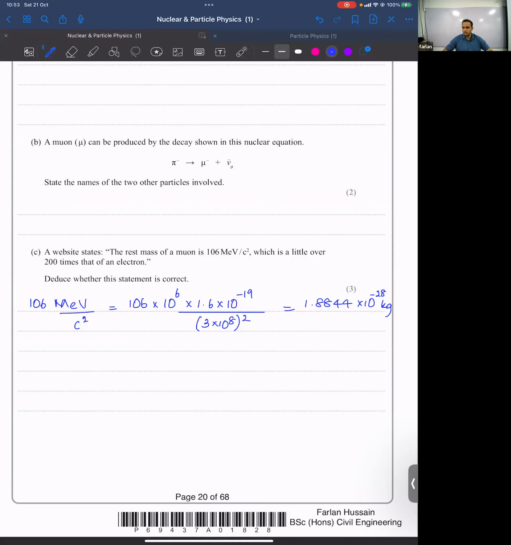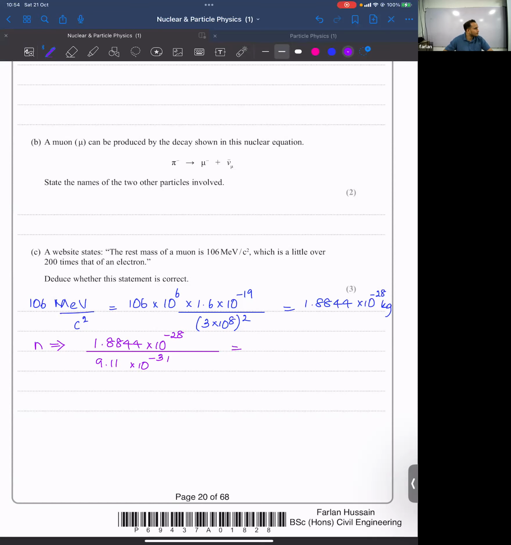Yes, you can do that as well. Then to see how many times it is, I will divide this 1.8844 into 10 to the power minus 28 by the mass of an electron. Mass of an electron is 9.11 into 10 to the power minus 31.